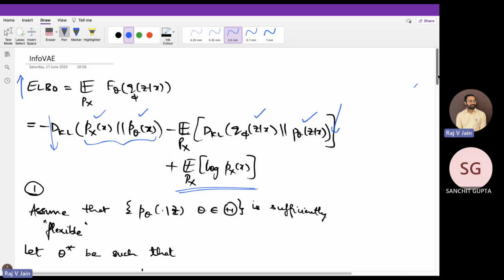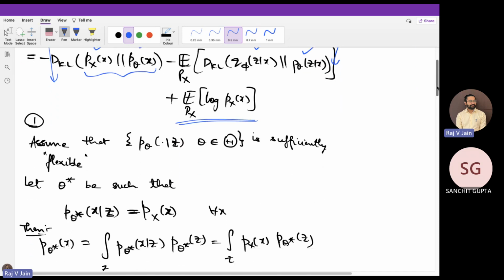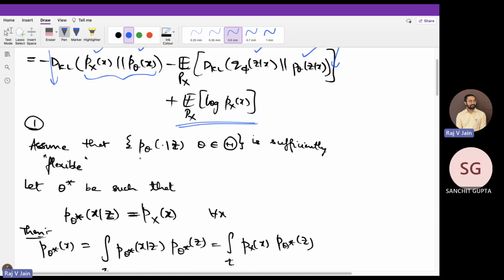So now let's say we have this p theta of x given z, that is, your decoder, right? Because it takes your z and constructs x from z. So let's say this family, theta, belongs to some capital Theta.